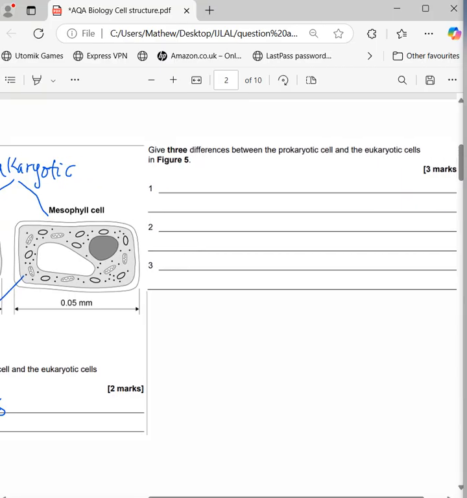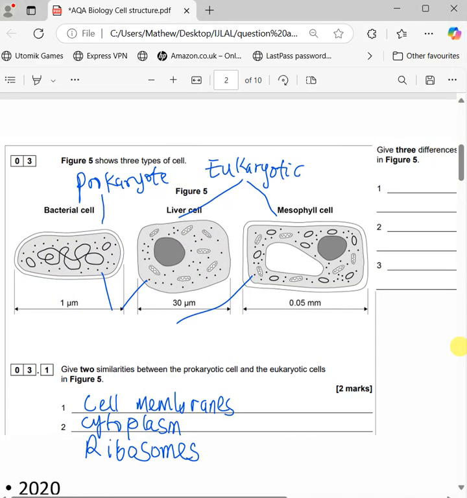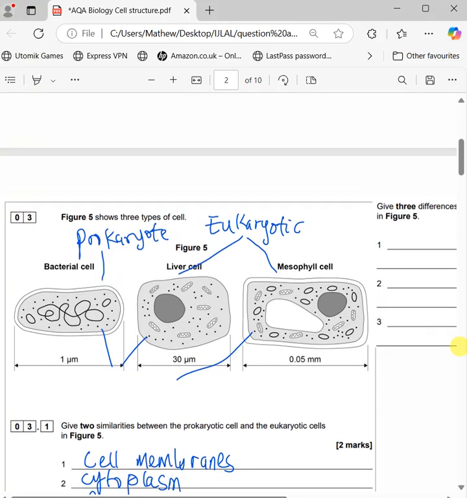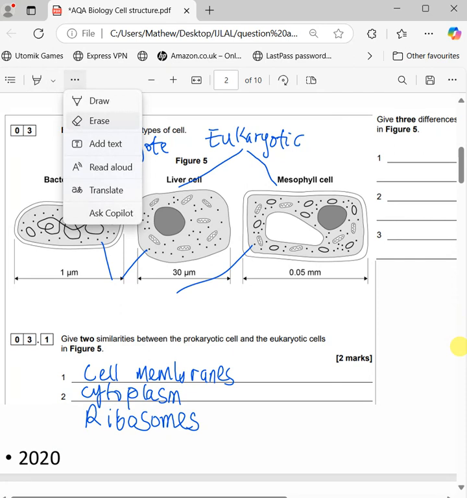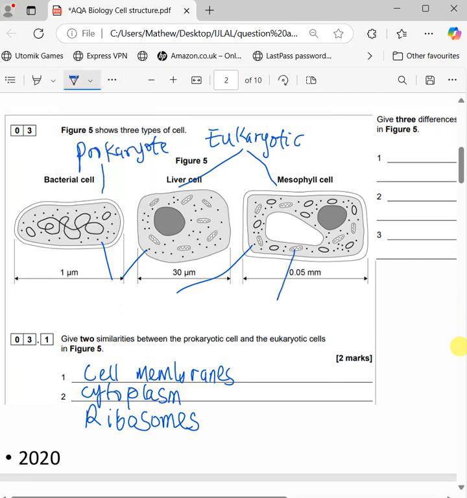One, eukaryotic cells have mitochondria, while prokaryotic cells do not have mitochondria.